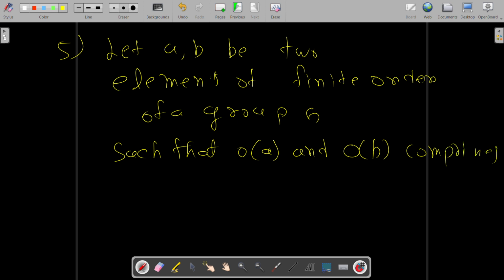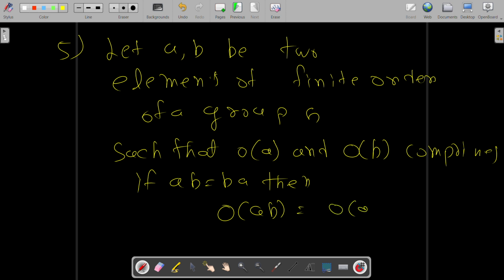Then if ab equals ba, we have the order of ab equals the order of a times the order of b.